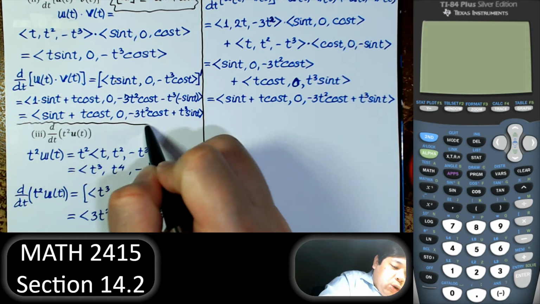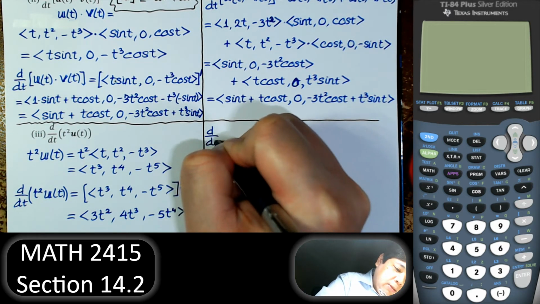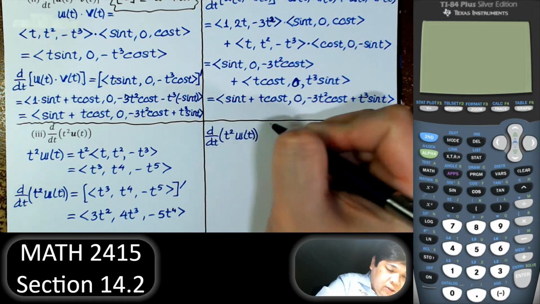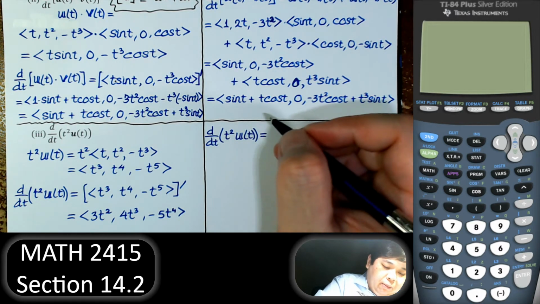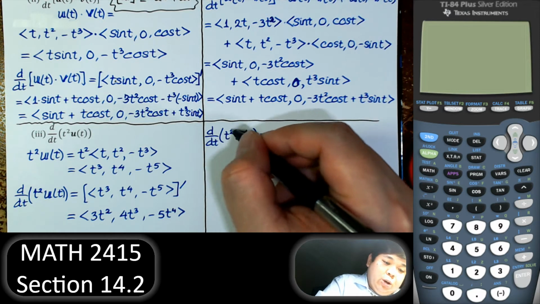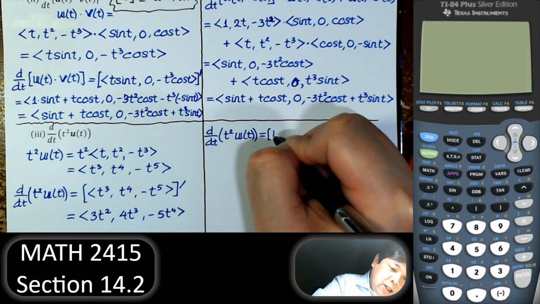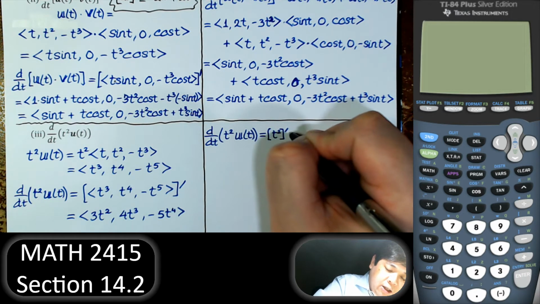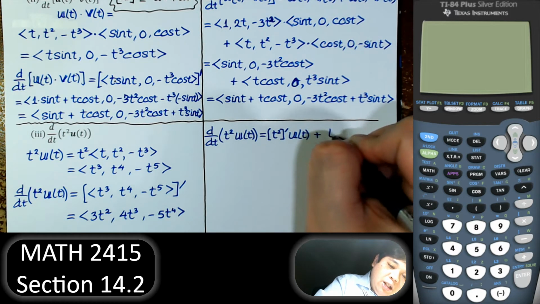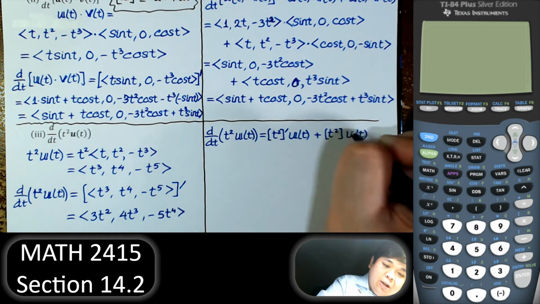Or we can just use the product rule. The product rule here with the t squared: derivative of t squared, just regular product with u of t, plus t squared times derivative of u.